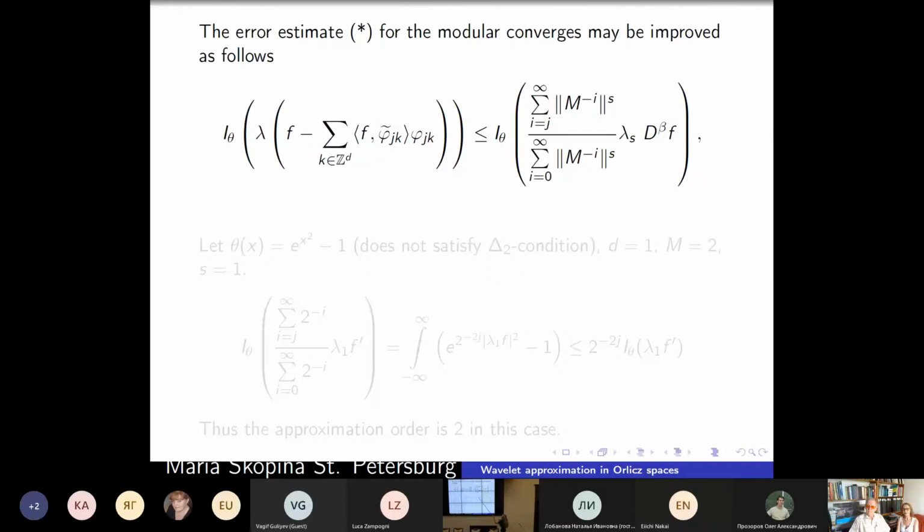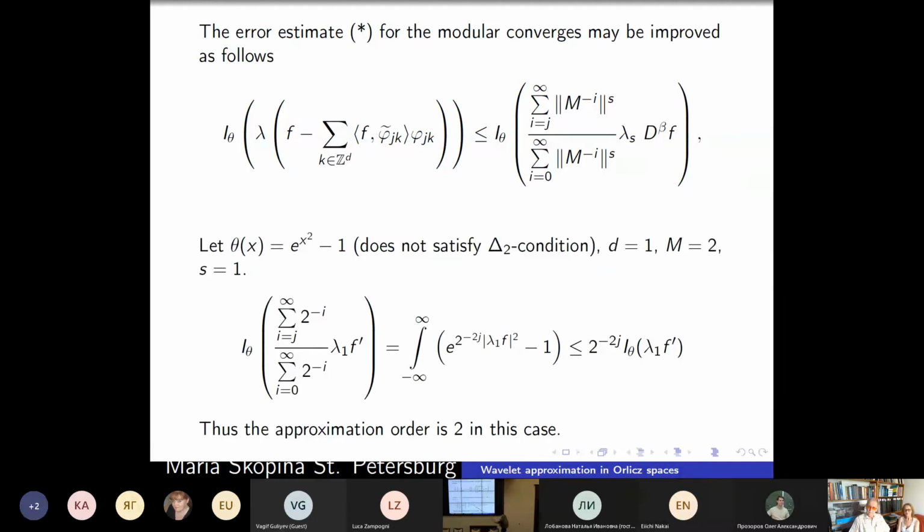But this is not beautiful, not attractive, because we do not see the approximation order. This factor is inside of the functional. However, taking a concrete function, we can obtain the approximation order.